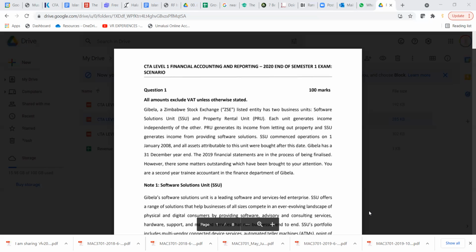So you first try to identify the type of instrument it is. Okay, so that's the high level thinking.